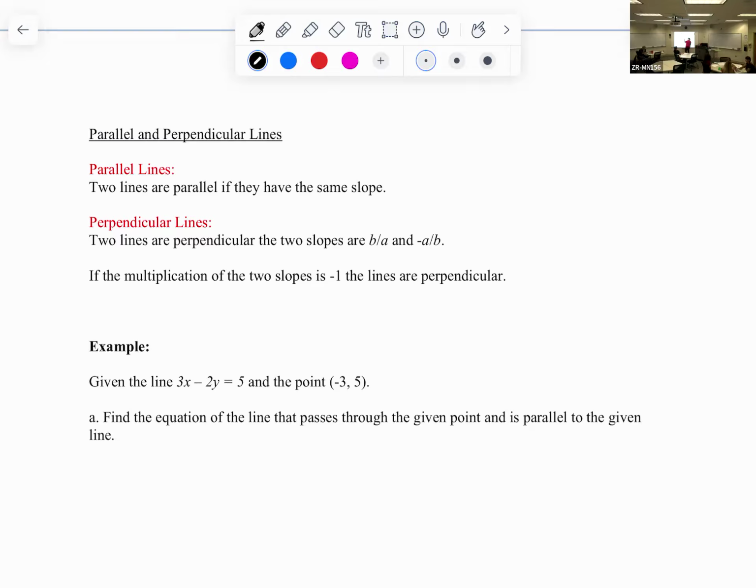So if it's b over a, the perpendicular line is negative a over b. So exact opposites and swap the sign. Also, when you multiply them, they become -1. Perpendicular, that means they cross at what angle? 90 degrees.